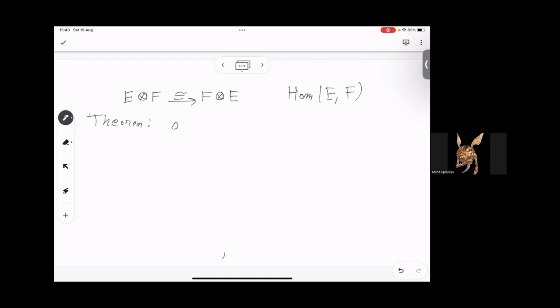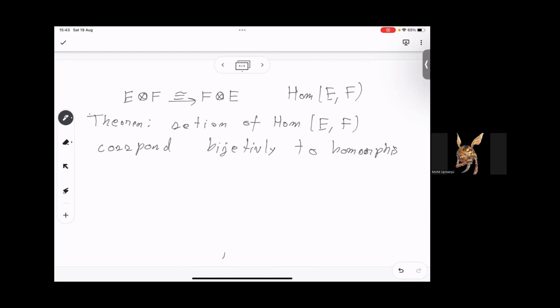So the theorem is: sections of Hom(E, F) correspond bijectively to homomorphisms of E to F.